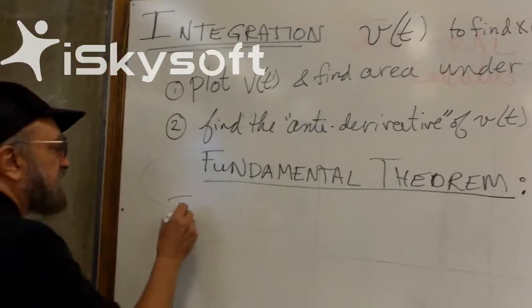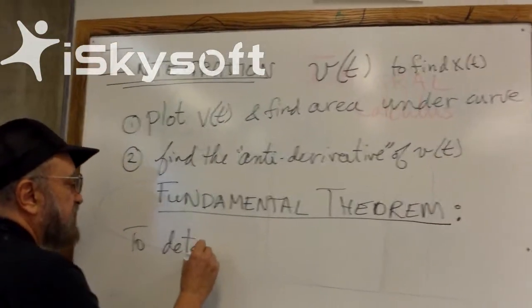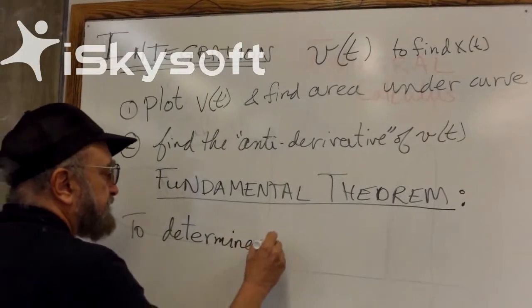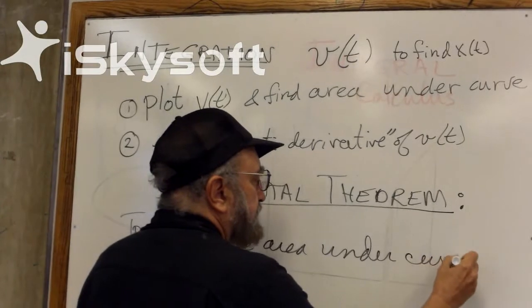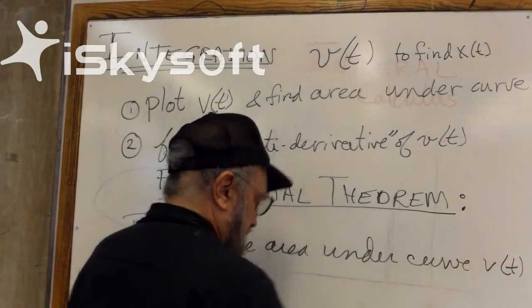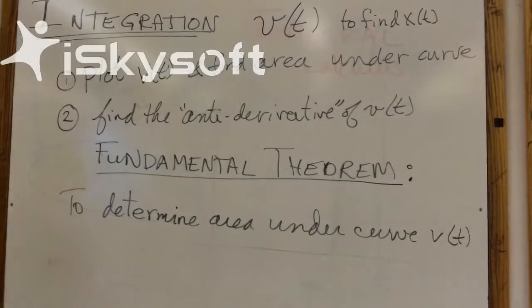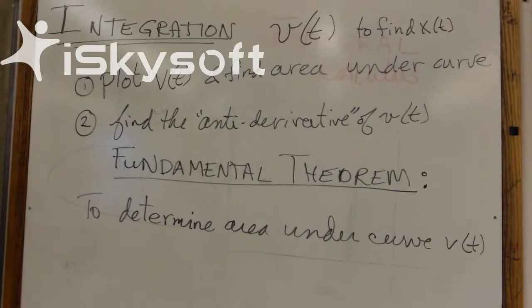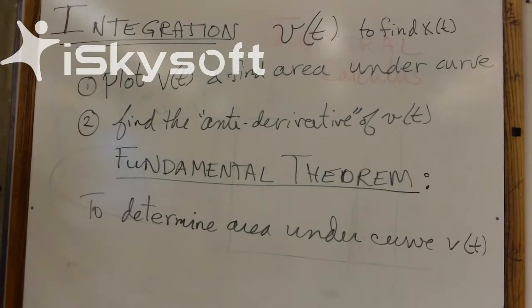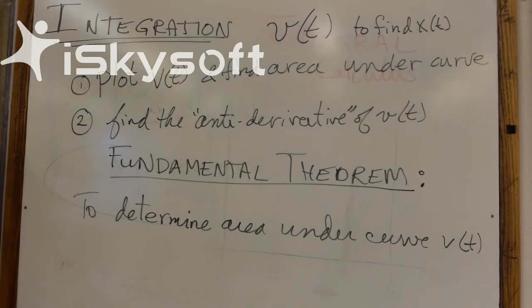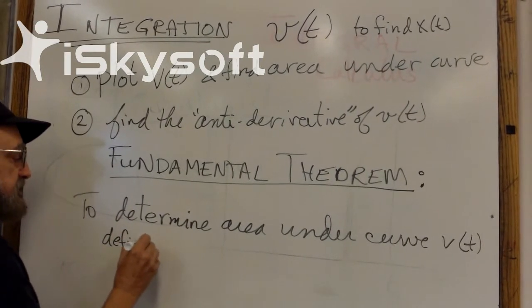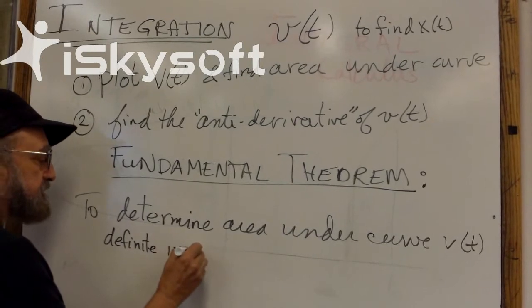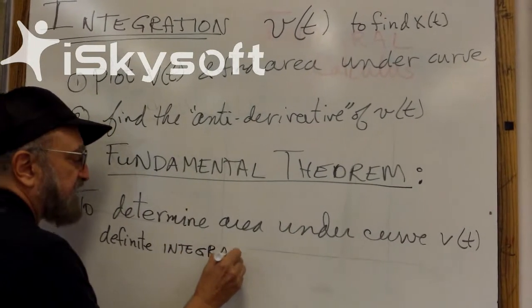To determine the area under the curve, which is called the definite integral, find the antiderivative.